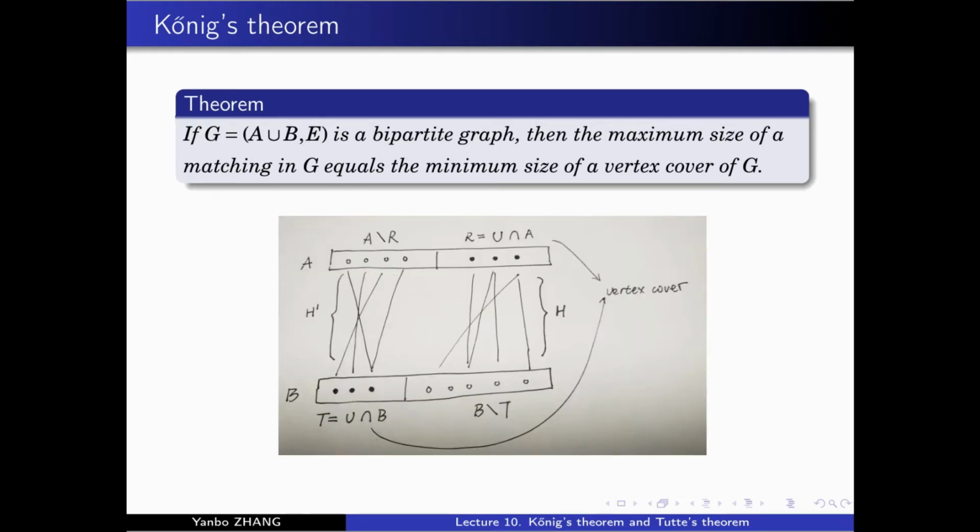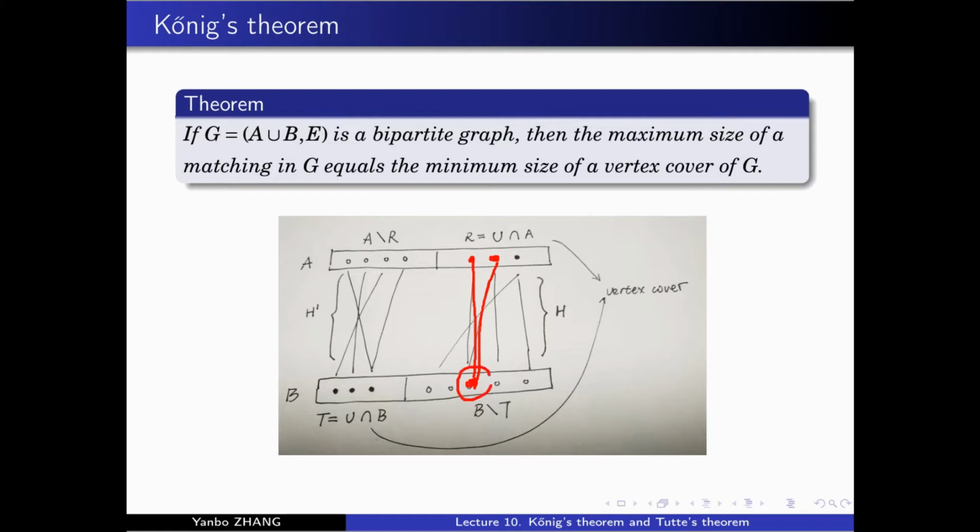Let's take this graph for an example. If there is a vertex set S such that the neighborhood of S, N_H(S), has fewer vertices than S, then we can use N_H(S) to substitute S to get a smaller vertex cover.